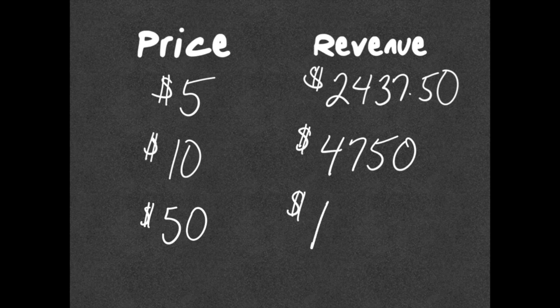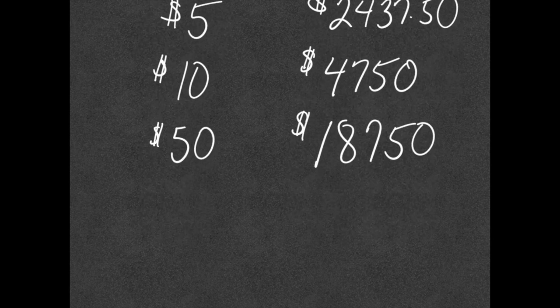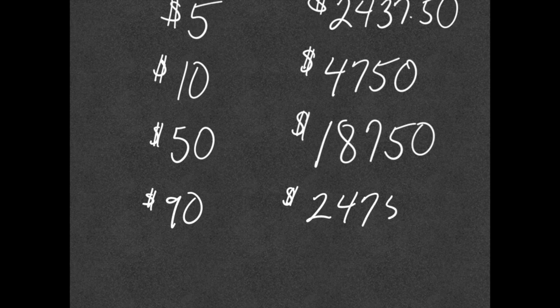As you can see, as the software package price gets higher, the revenue starts to climb. Now at $50, we're talking about $18,750 of revenue. All right, what about $90? At $90, we're looking at $24,750 of revenue.